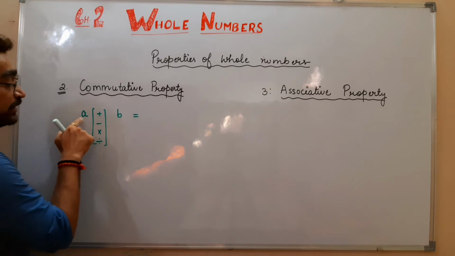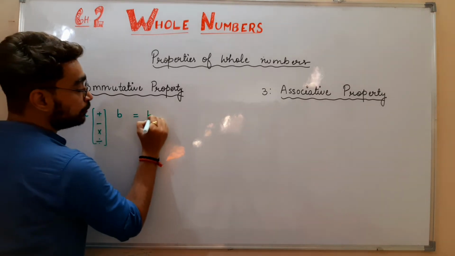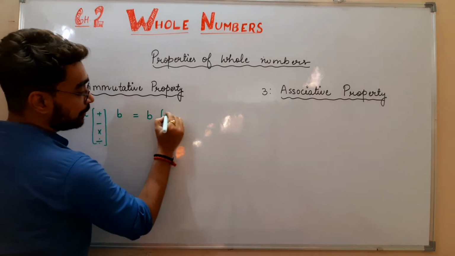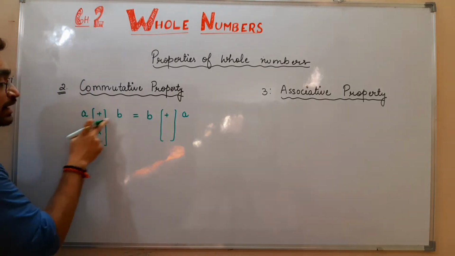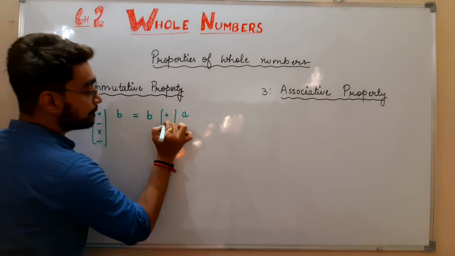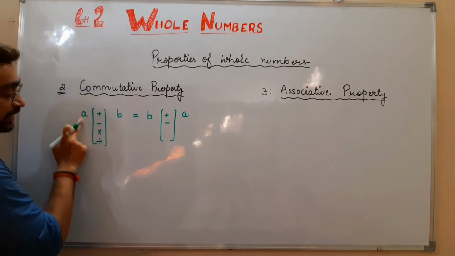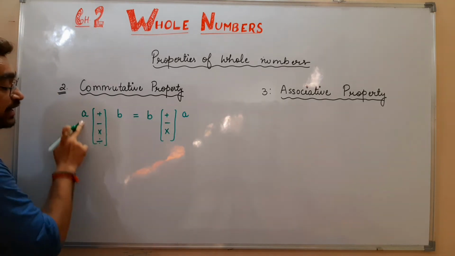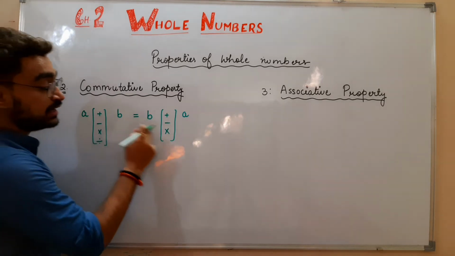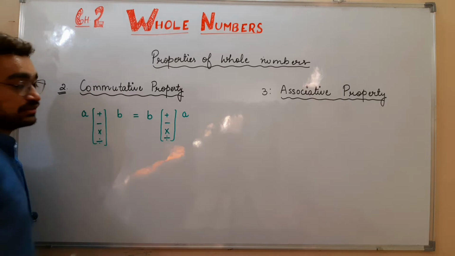If I am doing A plus B, I can do B plus A. A minus B, B minus A. A multiplied by B, B multiplied by A. A divided by B, B divided by A.